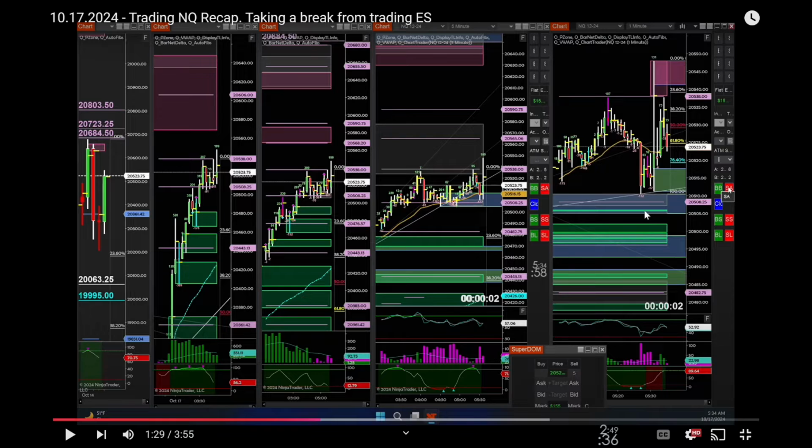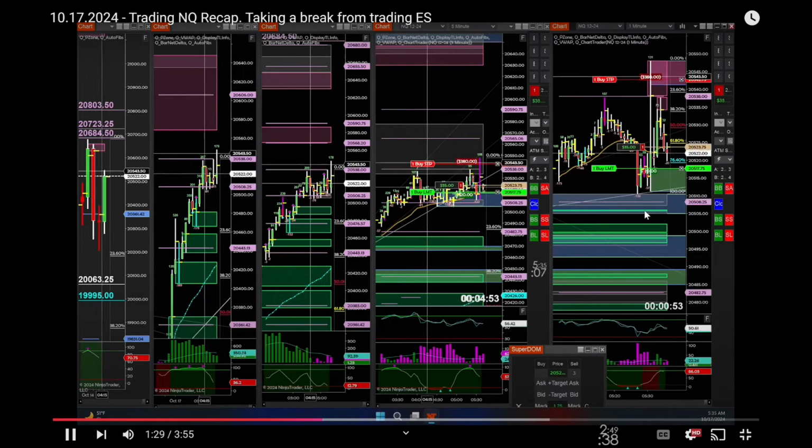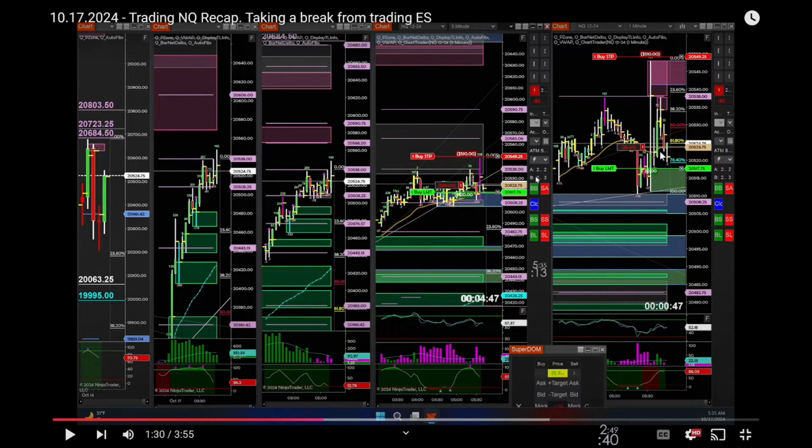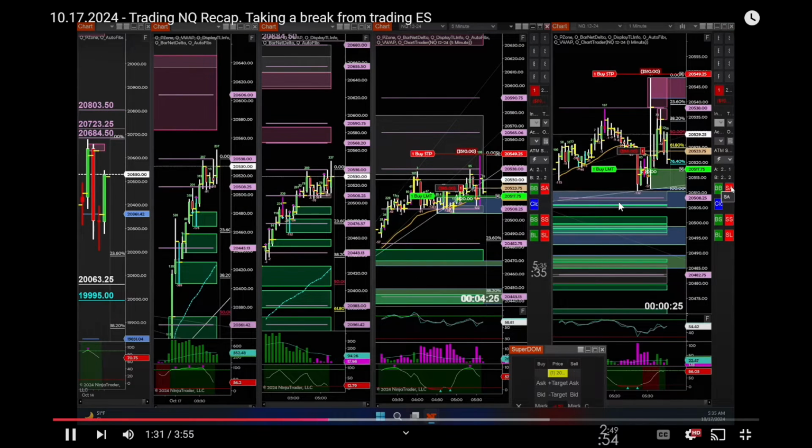And then this is another trade here. So what happened was buyers stepped in, came back here, got rejected on the zone here. And then I did see a distribution bar here on the 5 minute bar, and I decided to go ahead and take a short there.